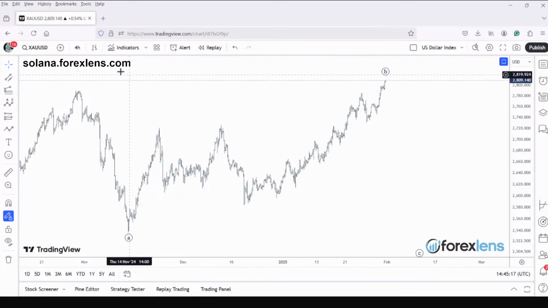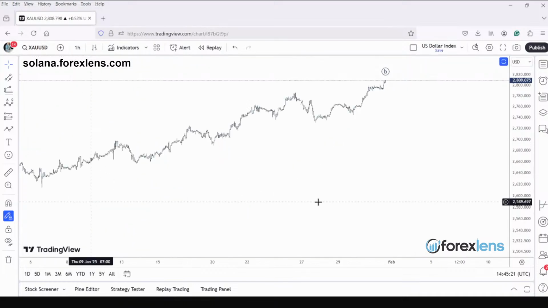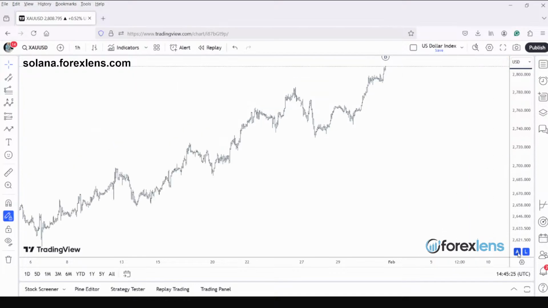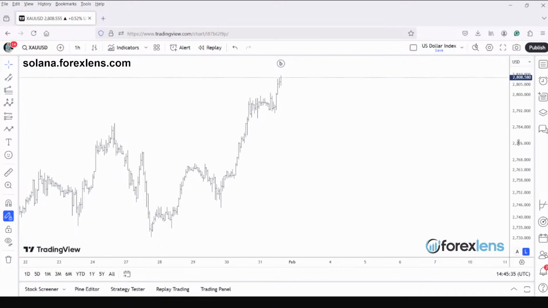Now, if you allow me to bring it back to an hourly, I would like to focus exactly on one wave. Let me zoom in. We need to focus here. This is where the game is being played right now.